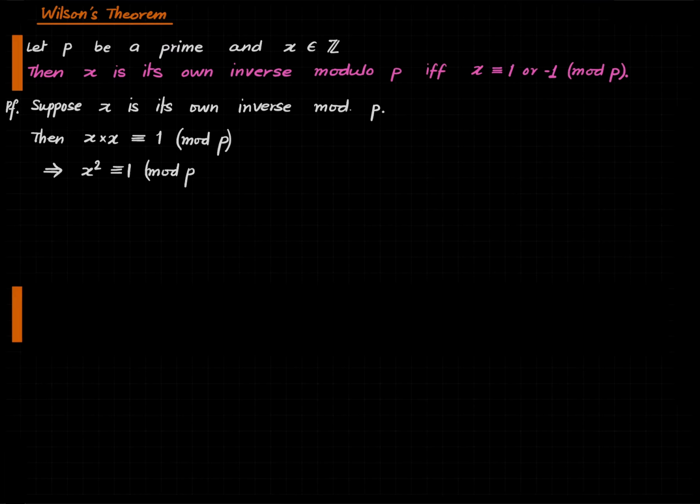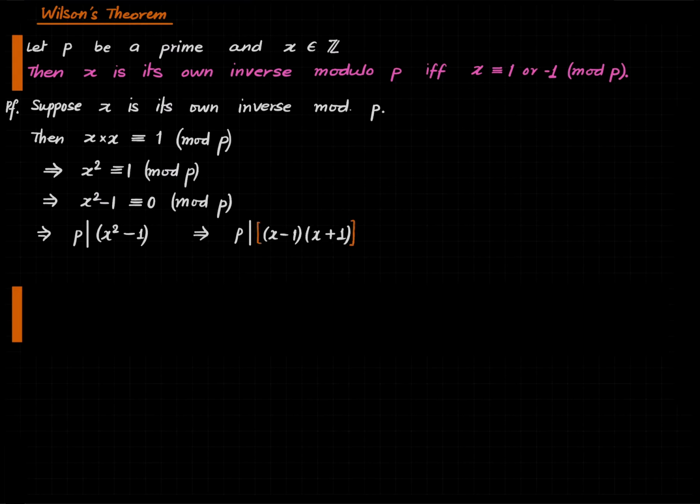which implies x squared minus 1 is congruent to 0 modulo p, which implies p divides x squared minus 1, which implies p divides this product. Right?